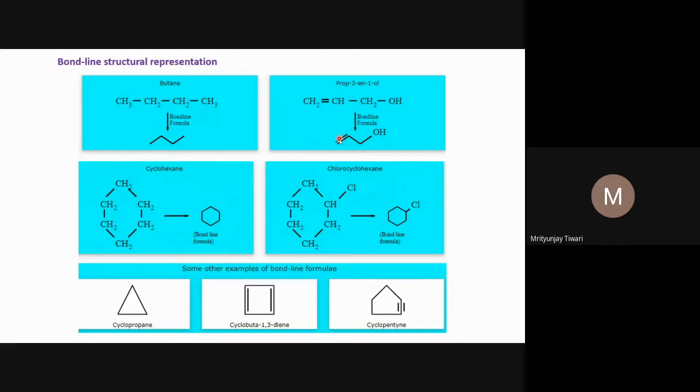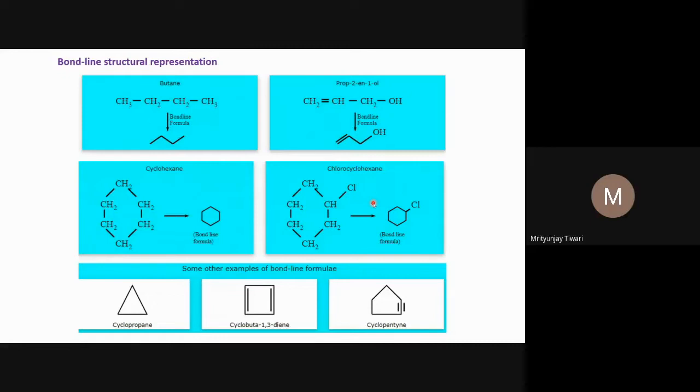And the double and triple bonds, whenever they occur, we also show in the bond line structural formula. Whenever the double bond is there, we show these zigzag lines, but in the case of a triple bond, we may not need to show zigzag lines, because at a triple bond we know both the carbon atoms are sp hybridized, and the bond angle will be 180 degrees.